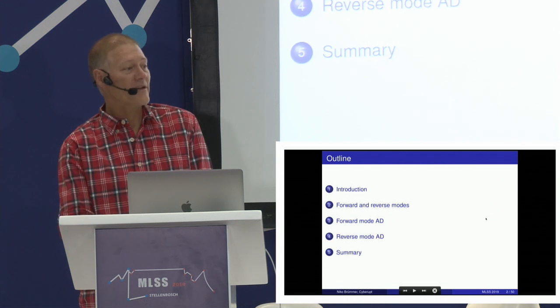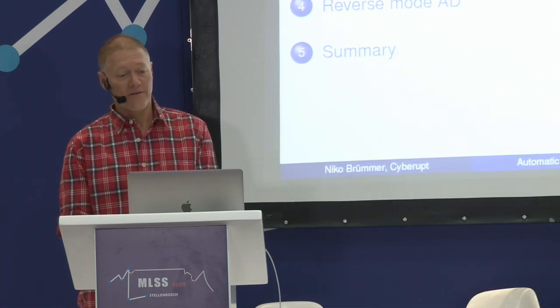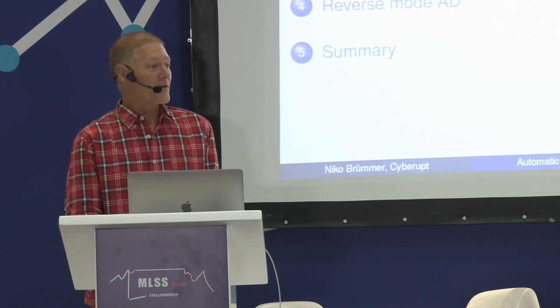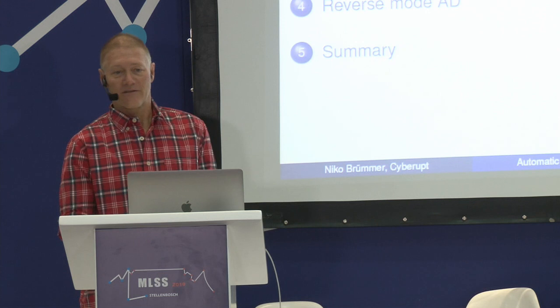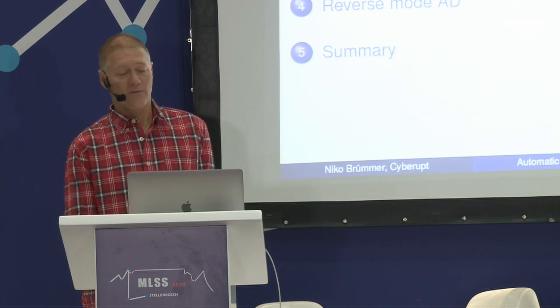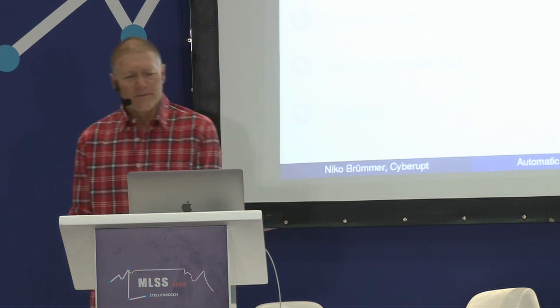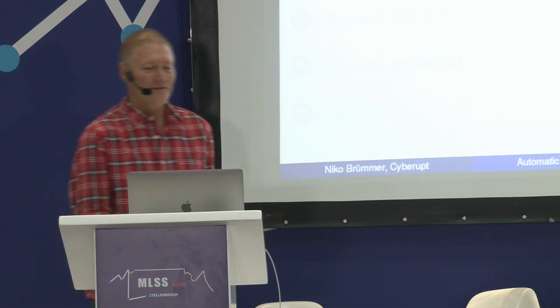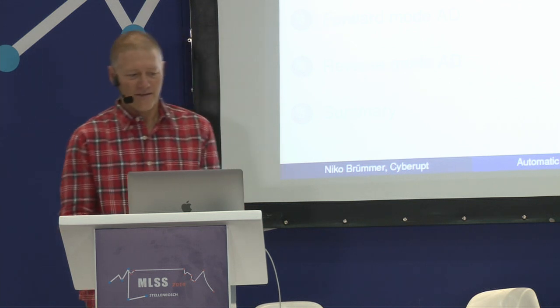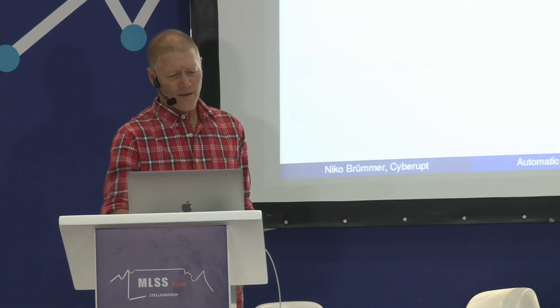So I'll summarize that in the end, but I'm going to spend more time on the forward mode, which has some interesting possibilities in some other applications in machine learning. So we'll start with the usual kind of stuff. Where do we find derivatives? Why? And what is automatic differentiation? And so on.